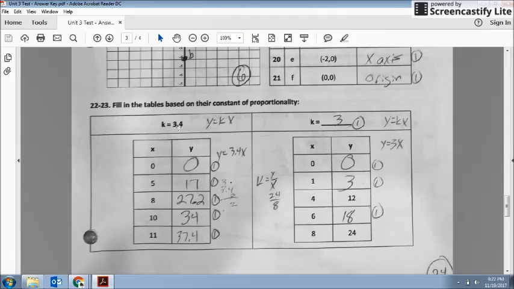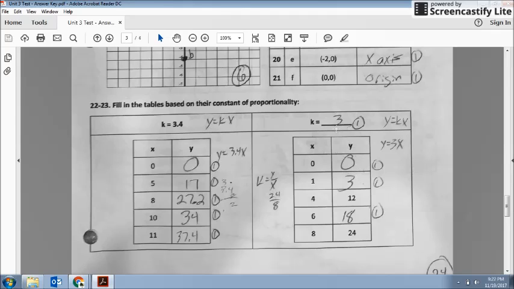So wherever k is, I plug in 3.4, and then I substitute all these x's, 0, 5, 8, 10, and 11. I would do y equals 3.4 times 0, then y equals 3.4 times 5, and so on. So you can see the answers here. Each one of those was a problem worth 2 points. That's 2, 4, 6, 8, 10.